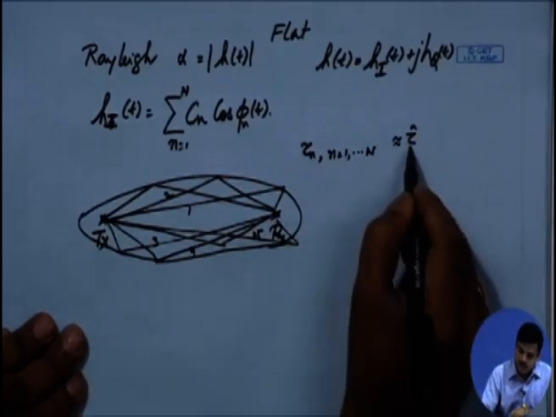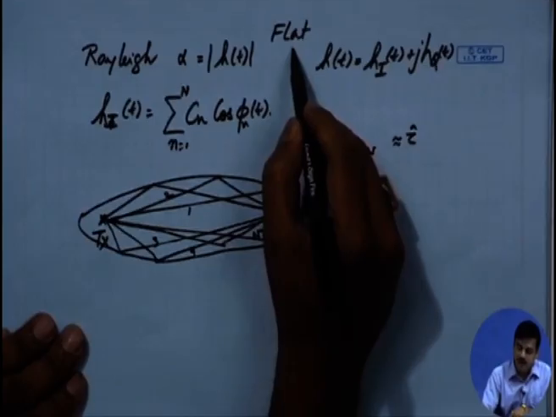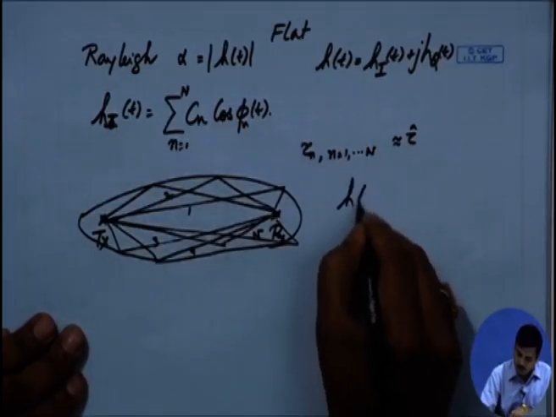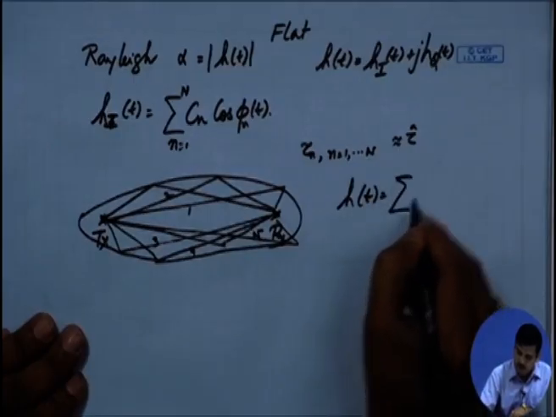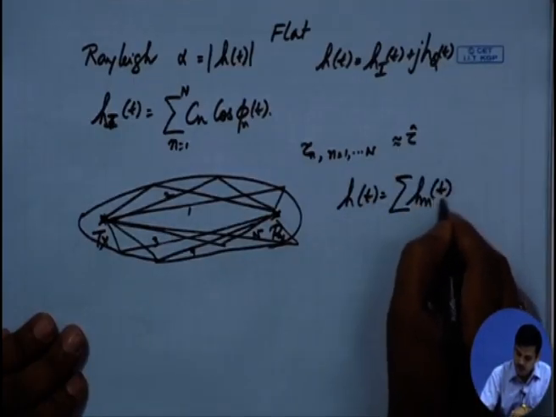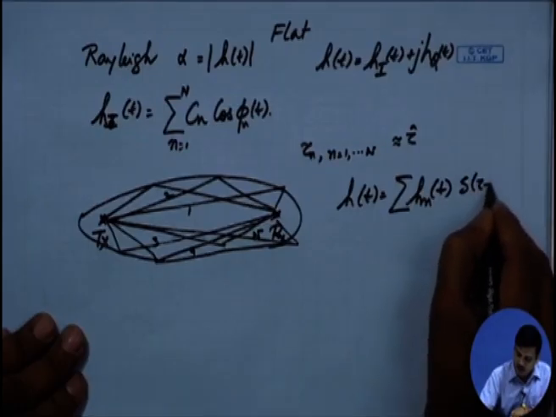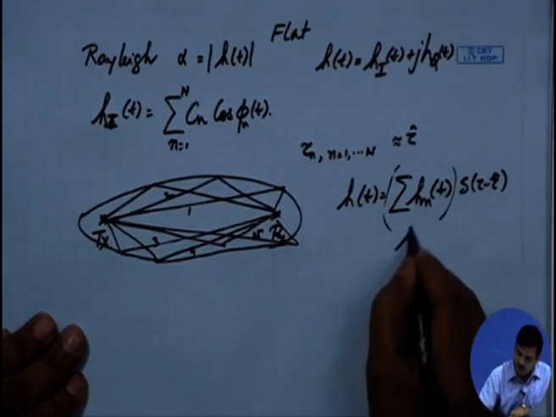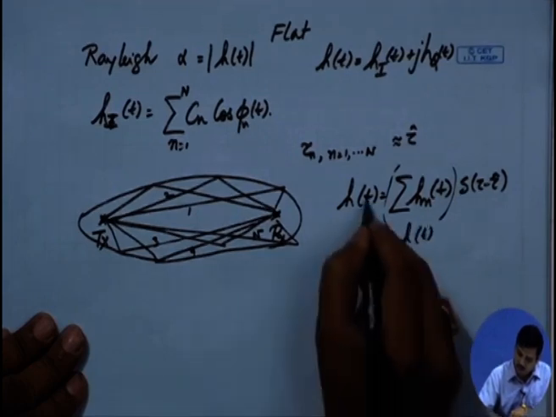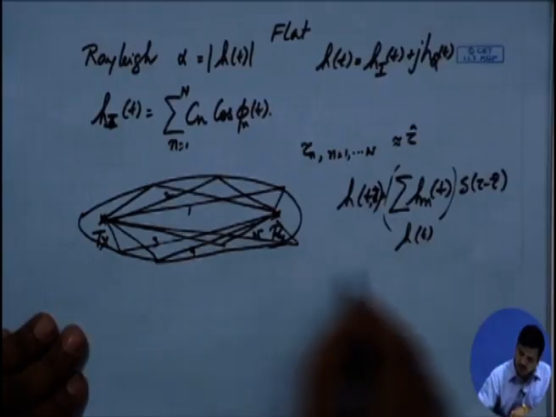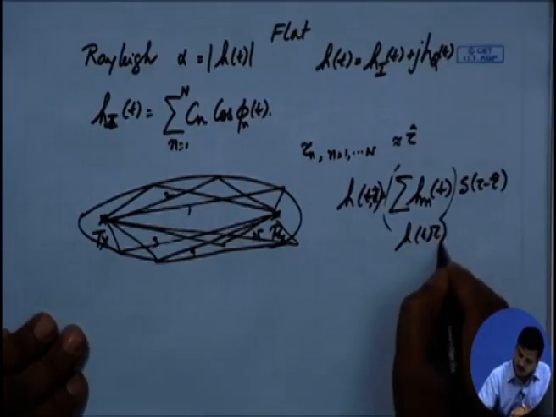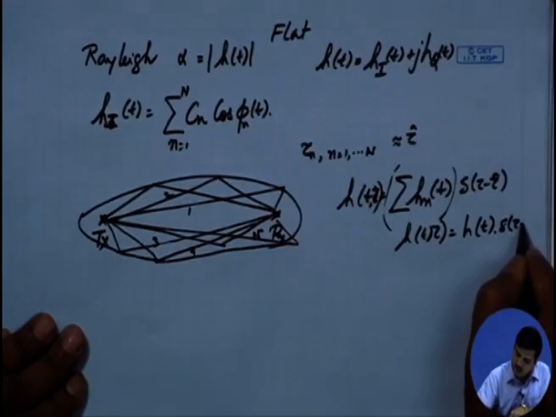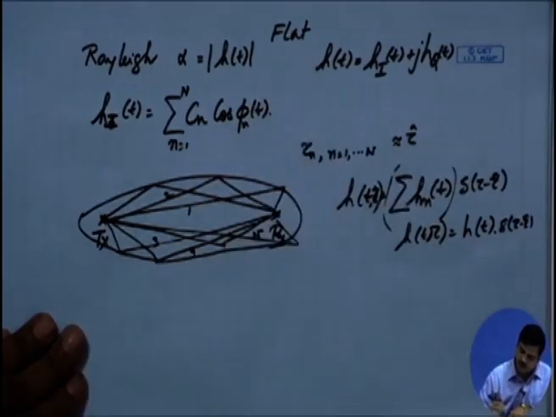This led to the conclusion that we could have flat fading, because in our expression of h t, we had a sum over h n of t delta tau minus tau cap, and we could add up all of this to represent h t comma tau. So, h t comma tau was h t times delta tau minus tau cap. This led to flat fading.